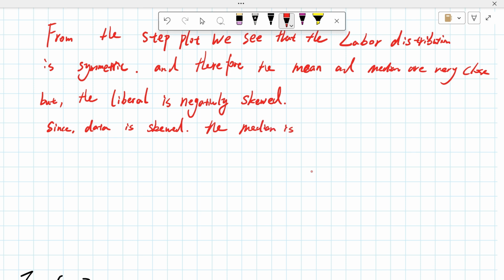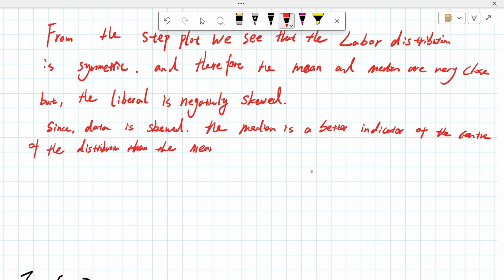So the median is a better indicator of the center of the distribution than the mean.